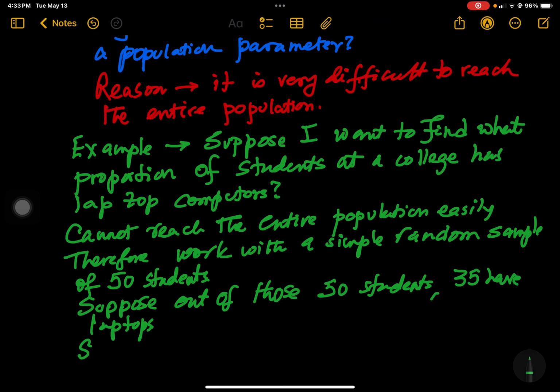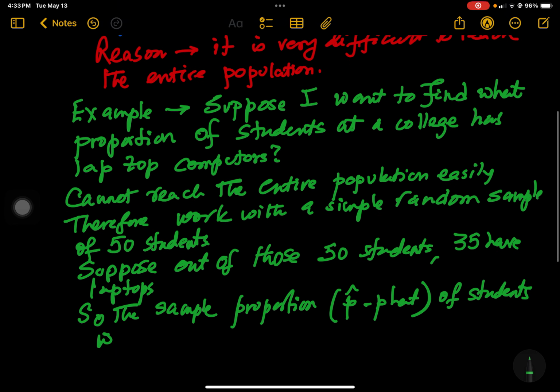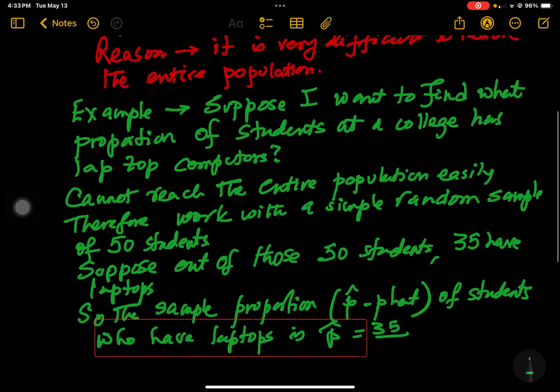So the sample proportion, also given by the symbol P hat, of students who have laptops is 35 out of 50, which is 0.7.